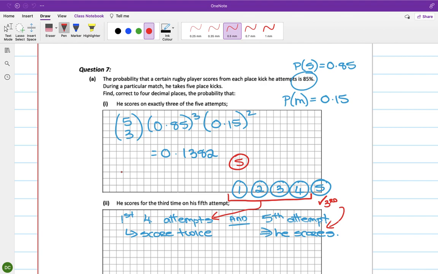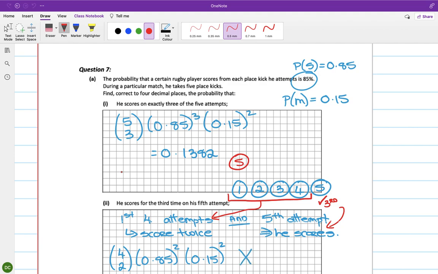Okay, so out of 4 attempts, we want him to score twice. The probability of scoring is 0.85 and we would like him to score twice. The probability of missing is 0.15 and we need him to miss twice. So of the first 4 attempts, he's going to score 2, miss 2, and multiply.